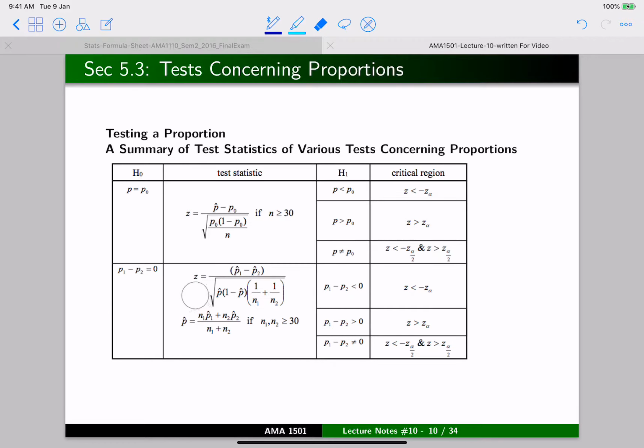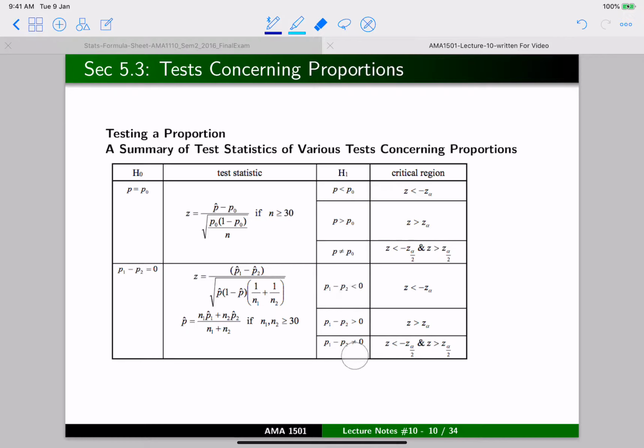The test statistic is p1 hat minus p2 hat, where p1 hat is the sample proportion taken from population 1 and p2 hat is the sample proportion from population 2, divided by the square root of p hat times (1 minus p hat) times (1 over n1 plus 1 over n2), where p hat is (n1 p1 hat plus n2 p2 hat) divided by (n1 plus n2).